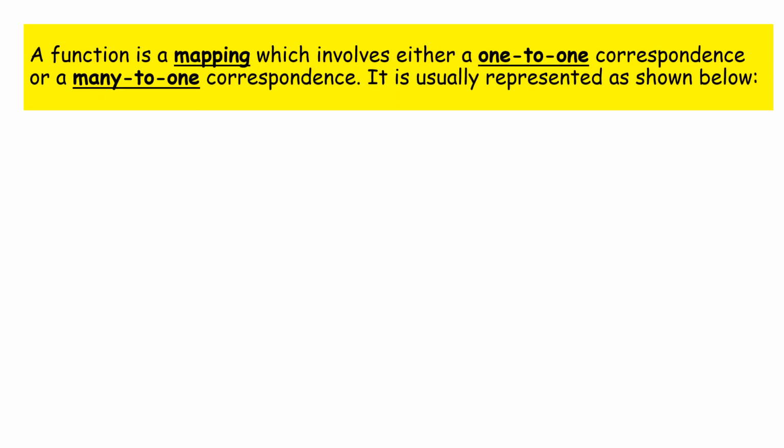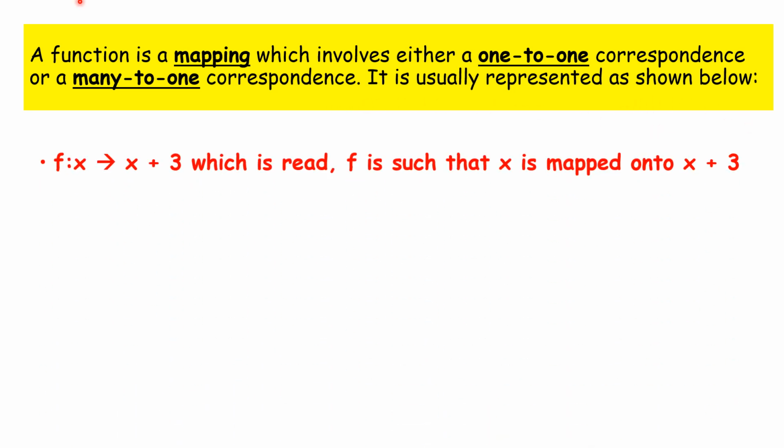A function is a mapping which involves either a one-to-one correspondence or many-to-one correspondence. It is usually represented as shown below, where you would have f colon x to x plus 3, which is read f is such that x is mapped onto x plus 3.